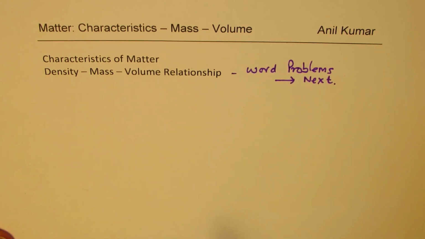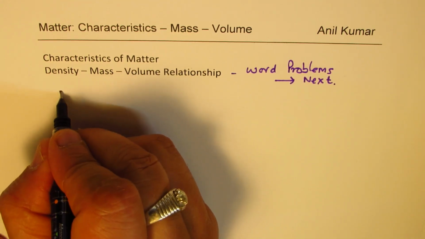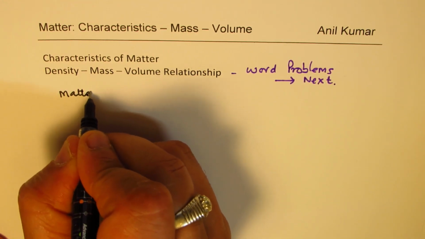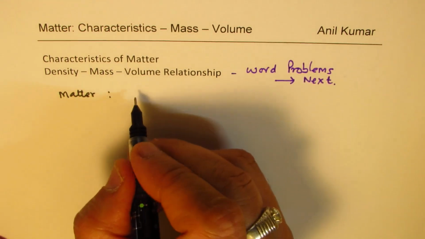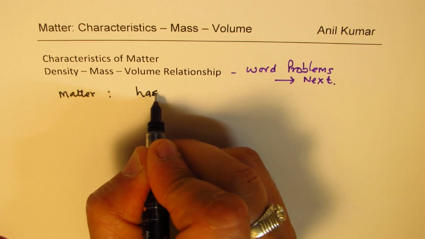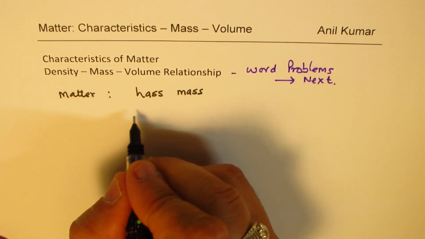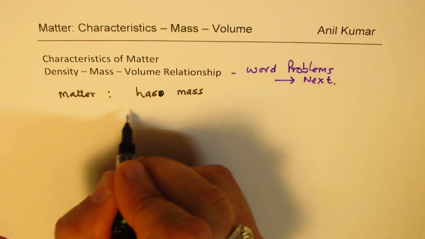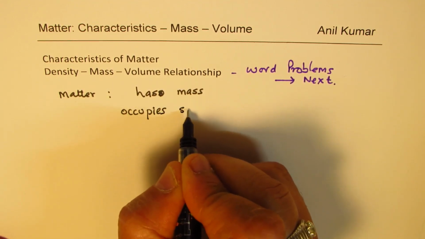The important thing to remember here is coming back to matter, right? About matter, we learned that it has two characteristics. First, it has mass. Second, it occupies space.